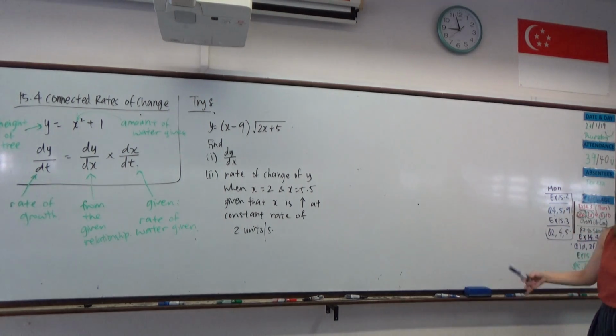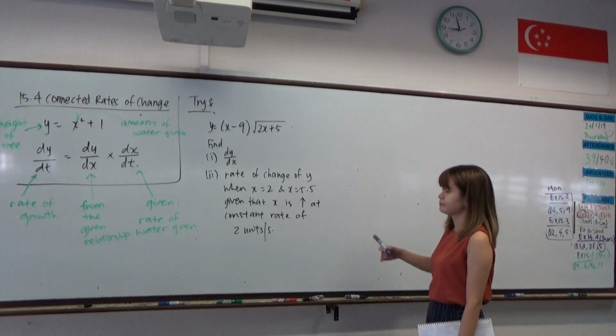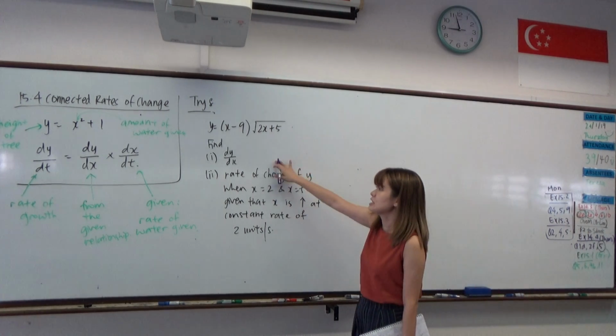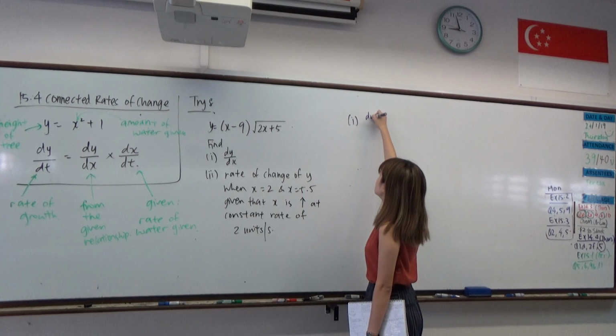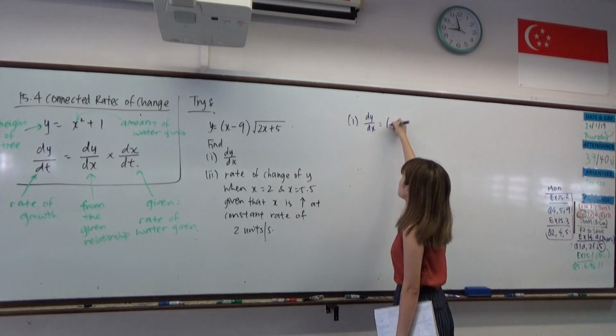So if x is increasing, we want to find how fast y will be increasing or decreasing. We will first find out what is the derivative. We are using our product rule.